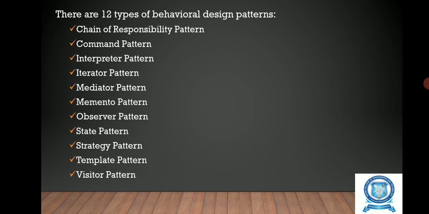There are 12 types of behavioral design patterns: chain of responsibility pattern, command pattern, interpreter pattern, iterator pattern, mediator pattern, memento pattern, observer pattern, state pattern, strategy pattern, template pattern and visitor pattern.